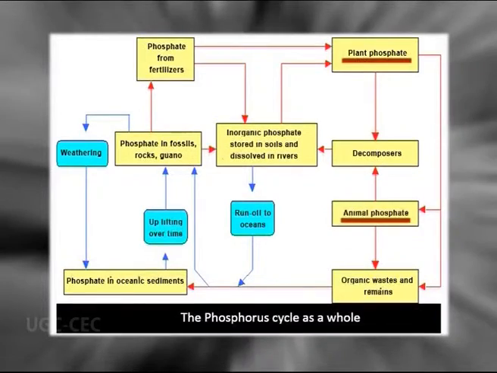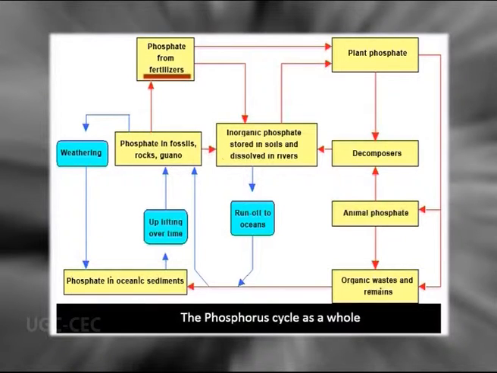So phosphorus cycle, the major events as you can see here, starts from the plant and the animal phosphate, and they are normally stored in that particular plant and animal body, and after their death and decay they are decomposed and coming into the phosphate, which is inorganic phosphate of the soil or the rock, and then they are sometimes going into the sea or ocean and they are deposited in the sediment.